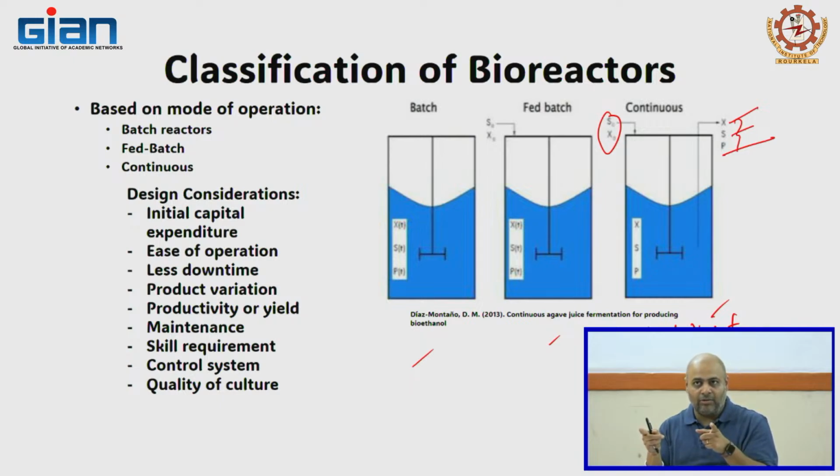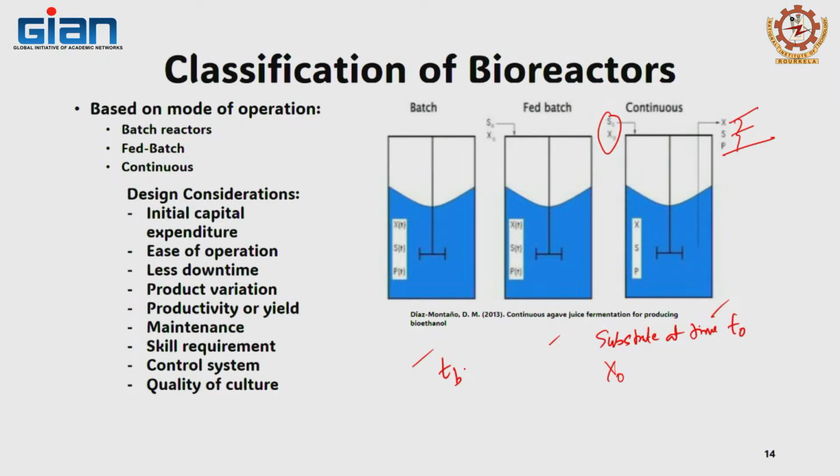The downtime is 2 hours, right? Run time 4 hours. Okay? So, we will be using these terms like downtime, TD, and the run time, or the batch time would be your 4 hours, downtime would be your 2 hours. So, TB would define your batch time, TD would be defining your downtime.